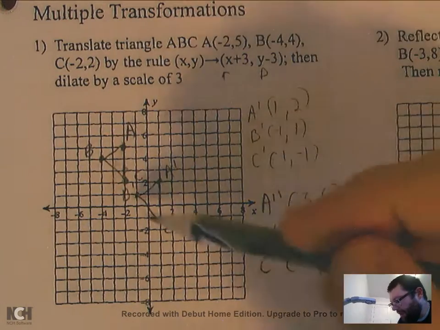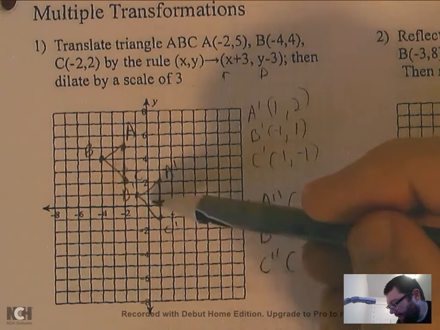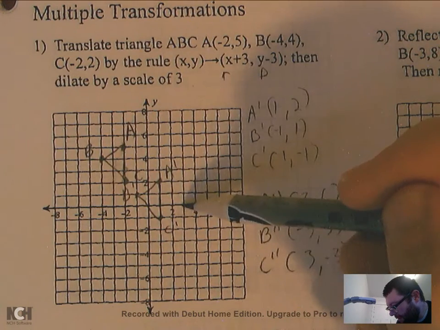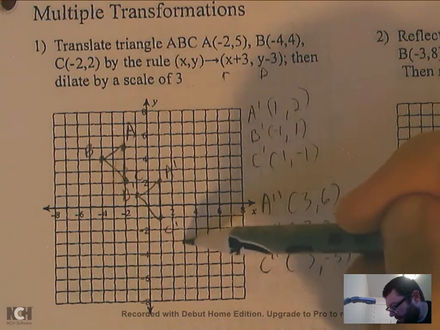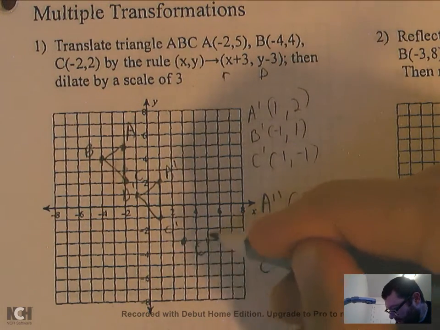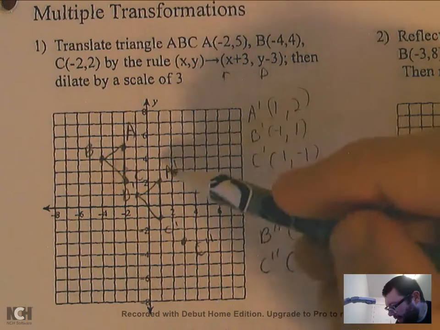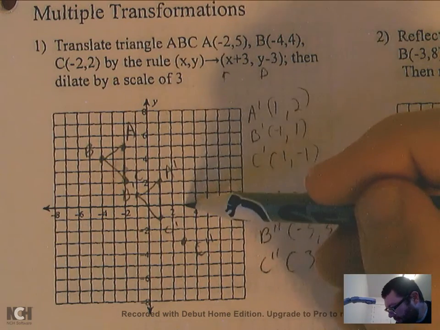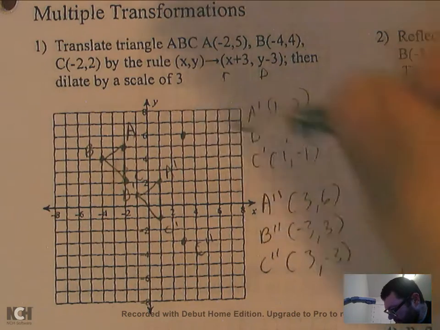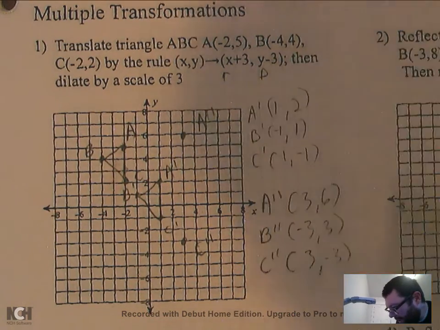Okay? So again, when I graph these, C is 3, so over here to 3, down to -3. There is C prime prime. And then A is 3 and 6, so clear up here is A prime prime.